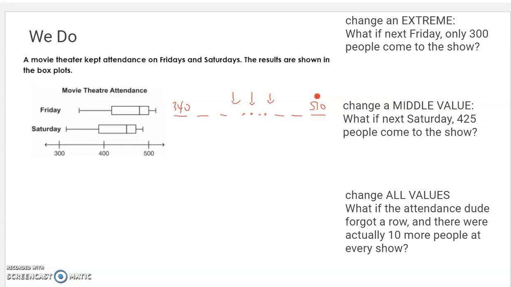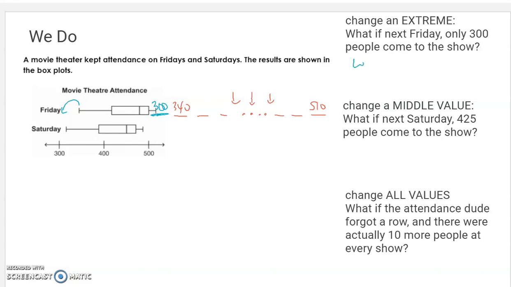So all that matters here, what if next Friday only 300 people came? So if you think about that, we'd be adding a new point to the chart and we know which one. It would be now the lowest by far, new point on Friday. So that would move this extreme all the way out to 300.